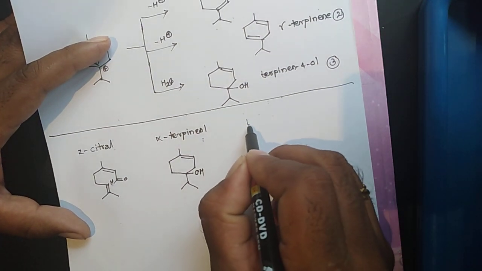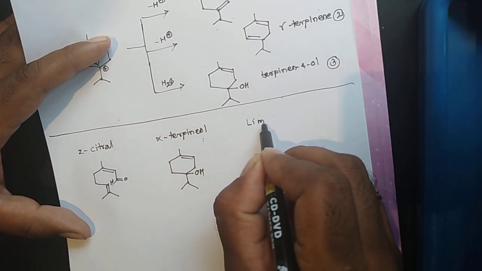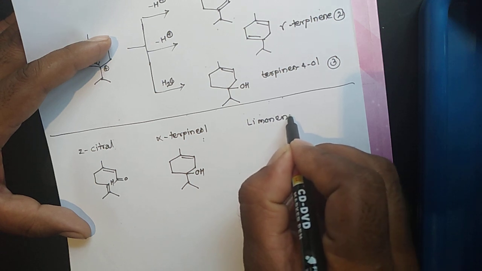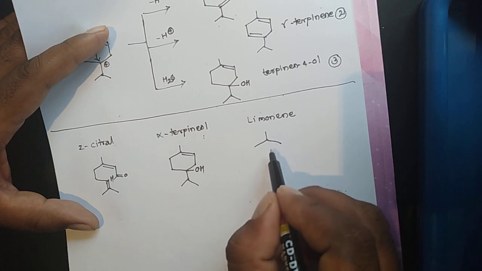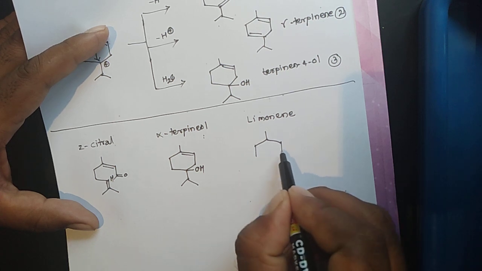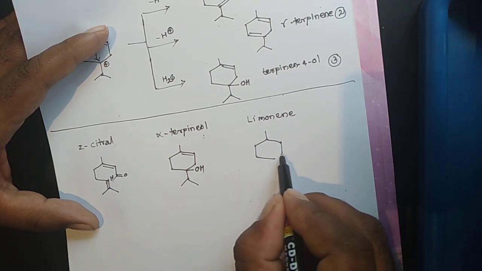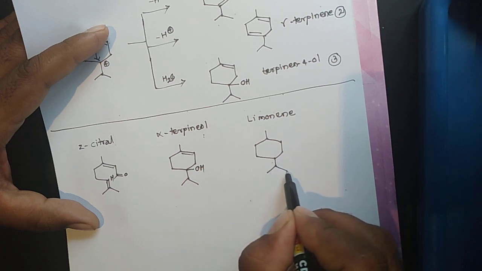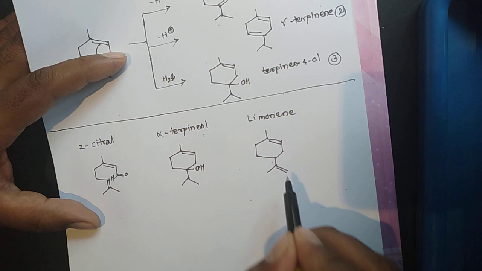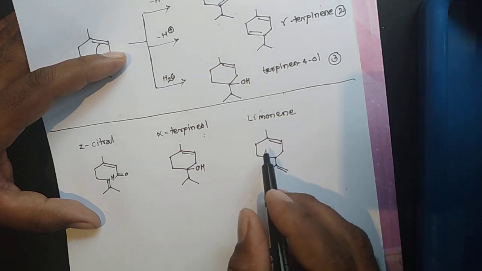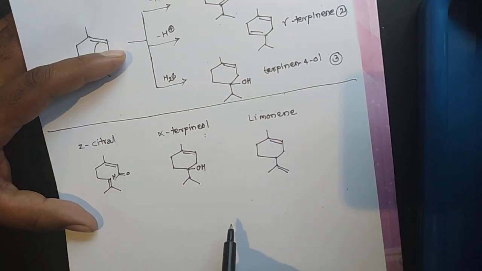Then we have learned about limonene, the brother of alpha terpineol. Instead of this OH, we have to draw another double bond here, which is limonene.